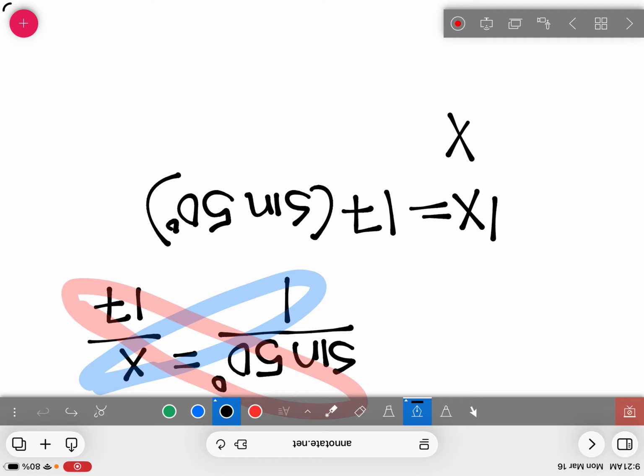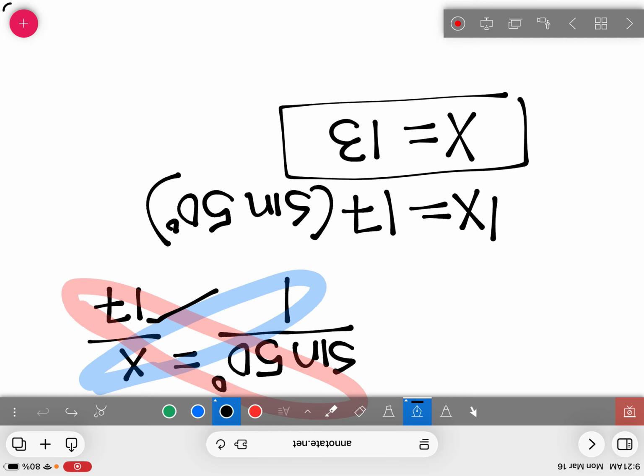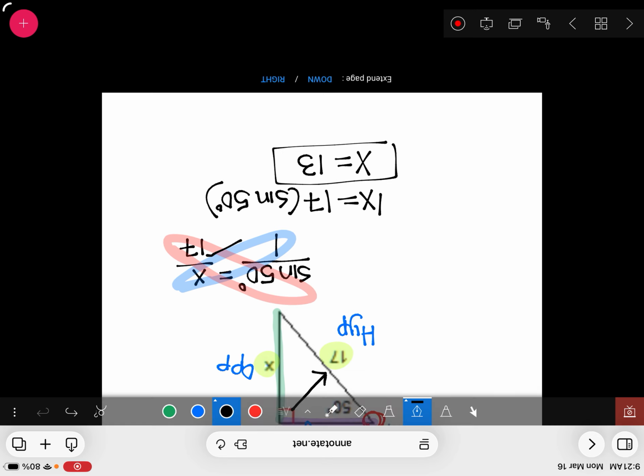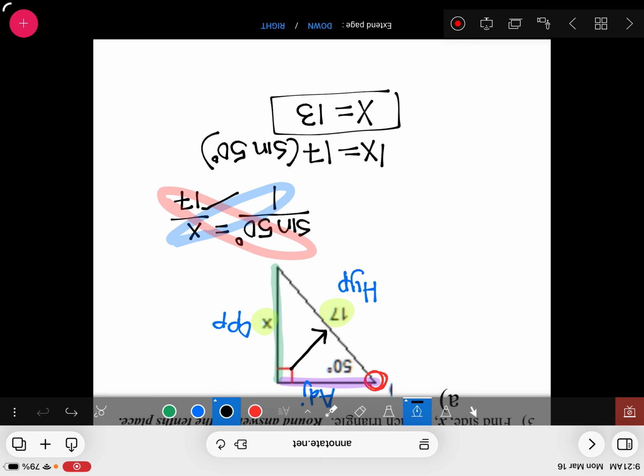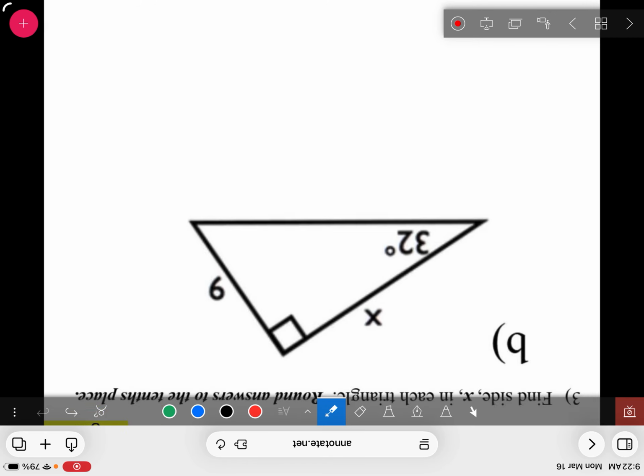So this is how long that side is. This side, because they only ask us for one side, is 13 units, whatever the measurement is. It could be 13 inches, 13 feet, 13 yards. It's 13 something. All right, let's look at the next one.